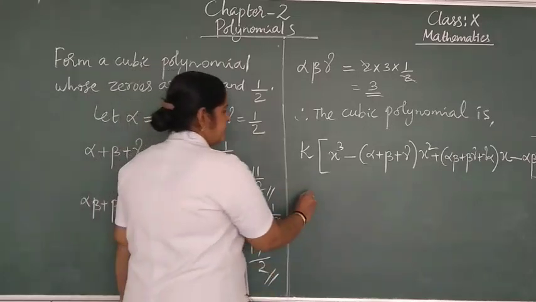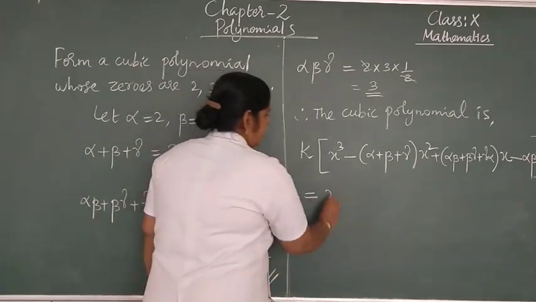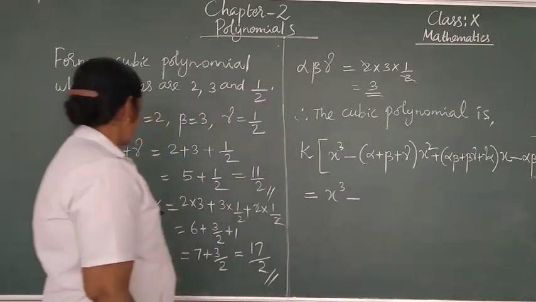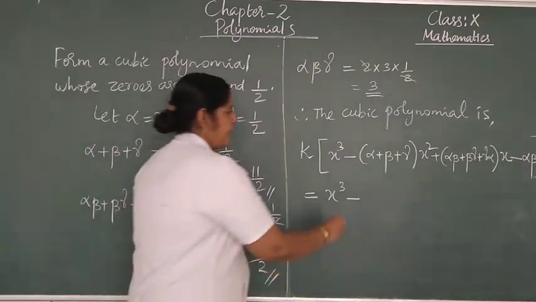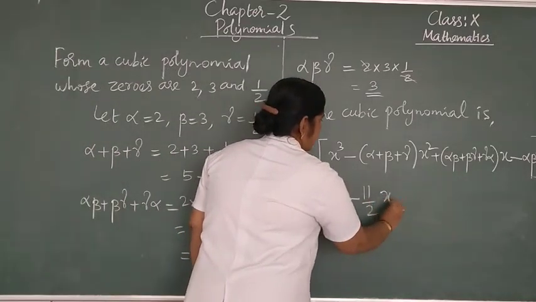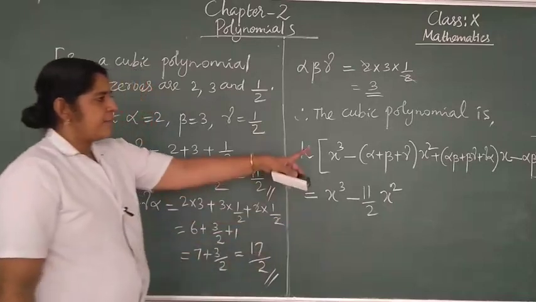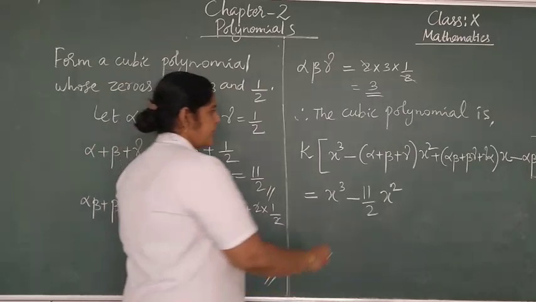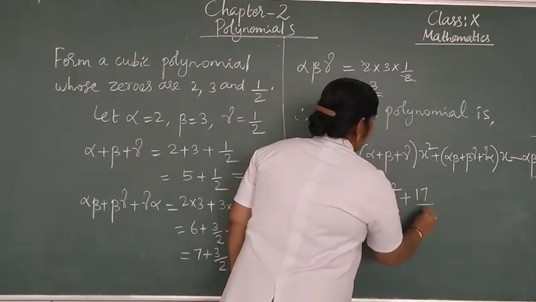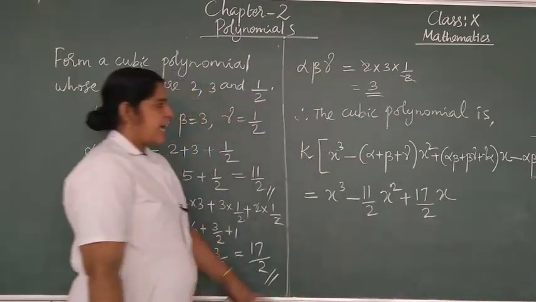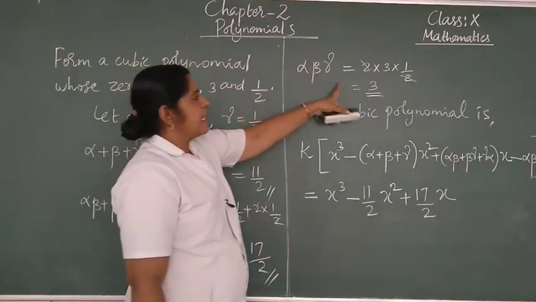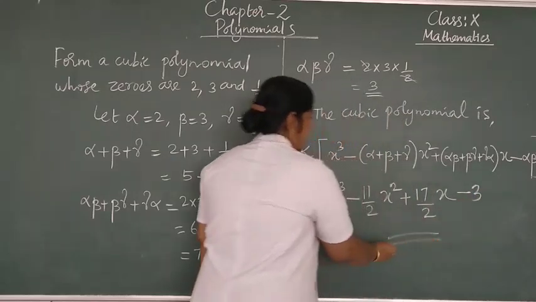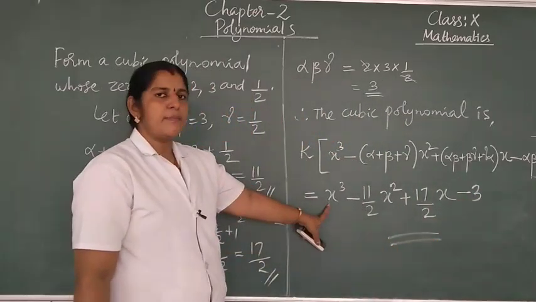Just write this equal to x cube minus, alpha plus beta plus gamma we got equal to 11 by 2, so 11 by 2 x square. Then alpha beta plus beta gamma plus gamma alpha equal to 17 by 2, so it is plus 17 by 2 x. Then the last value alpha beta gamma is equal to 3, so minus 3. So this is the required form of the cubic polynomial.